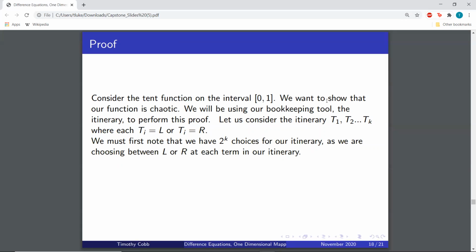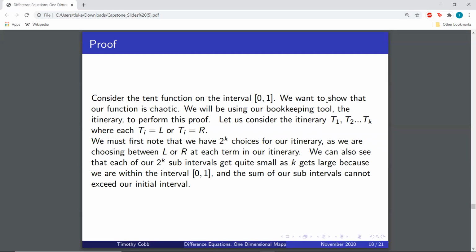And we're first going to note that we have 2 to the k choices for our itinerary, as we're choosing between L or R at each term in our itinerary. And it's also important to note that each of our subintervals gets quite small as k gets large, because we're stuck within that interval [0, 1], and the sum of our subintervals cannot exceed our initial interval.